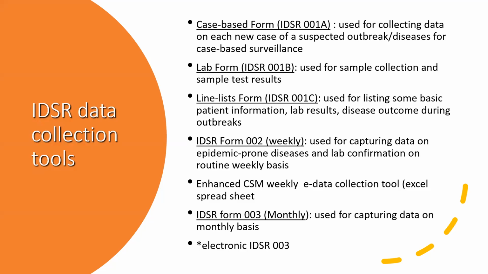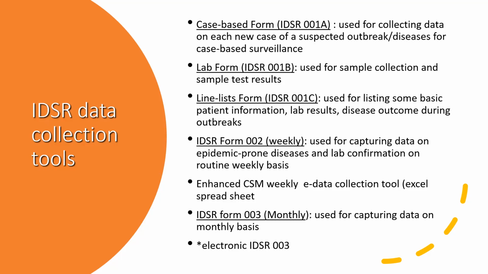Form B is a lab form. 001B is the form you use to collect the sample and send to the lab, and that is where the lab puts in the results. So for Form 001, it is suspected or probable cases that you record, each individual suspected or probable case.